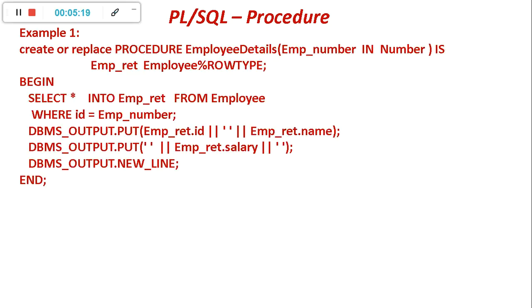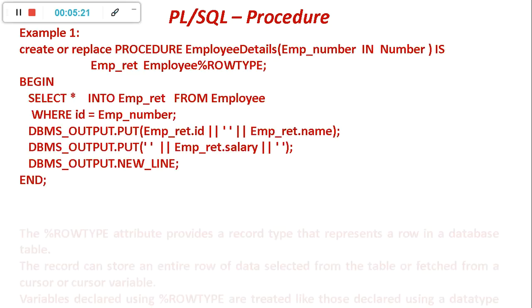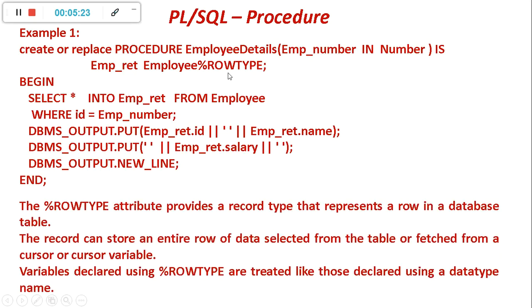Now we see an example for a PL/SQL procedure. In this example, the name of the procedure is employee details, and employee number is the parameter, and its data type is NUMBER. Here we can see the IS keyword, CREATE OR REPLACE PROCEDURE, all these are keywords. And we can see the %ROWTYPE attribute.